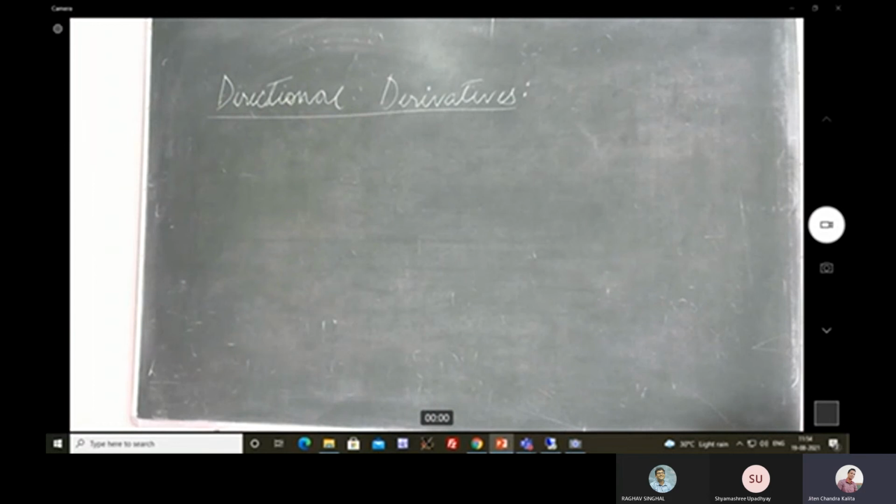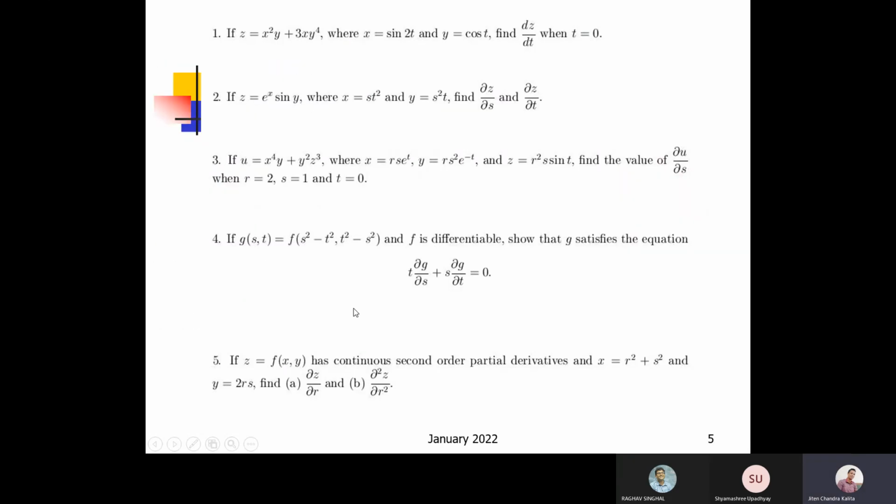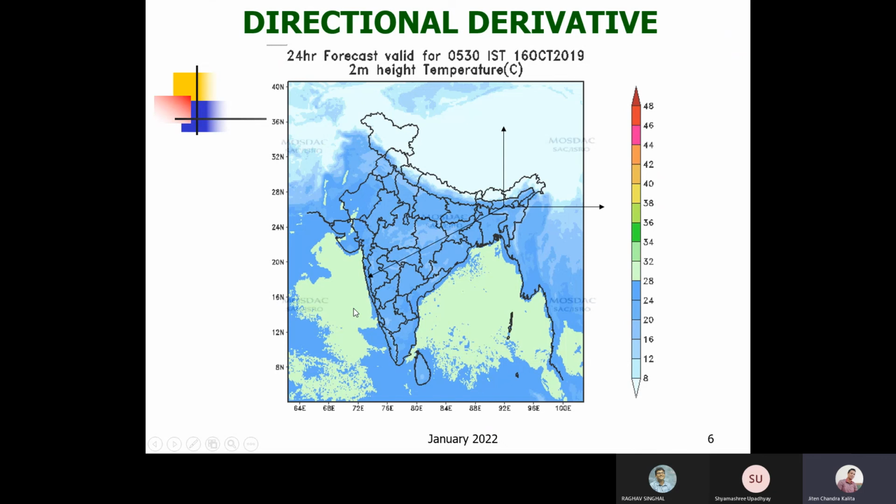show you something. Okay, look at this. What is this? I have displayed the map of our very own India. You see that different colors have been applied here, and those colors denote different temperatures.